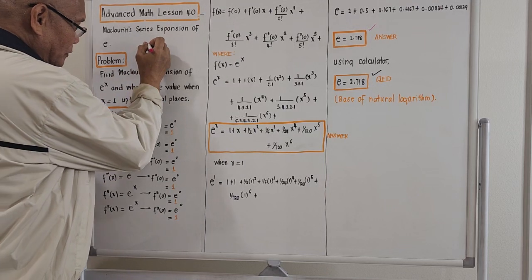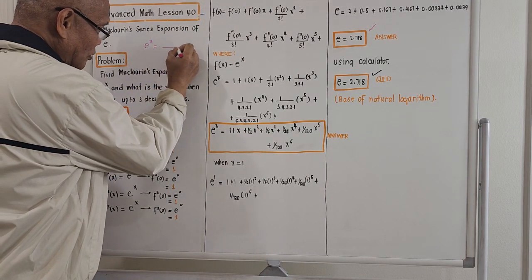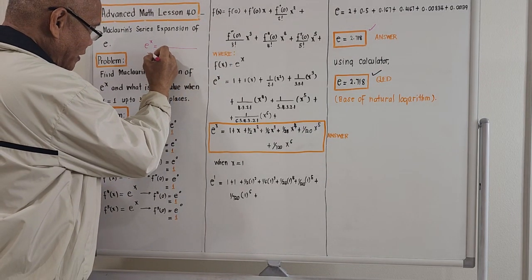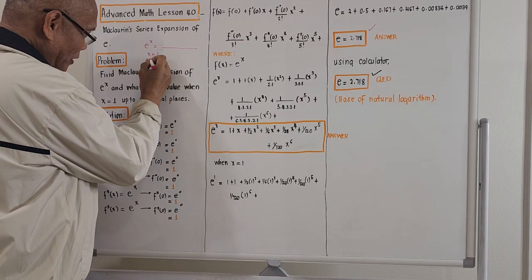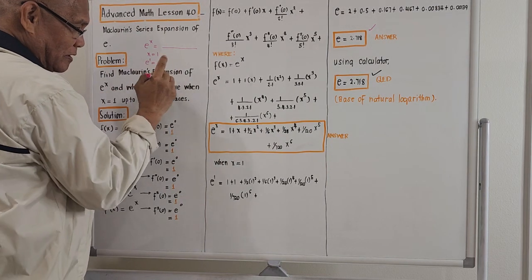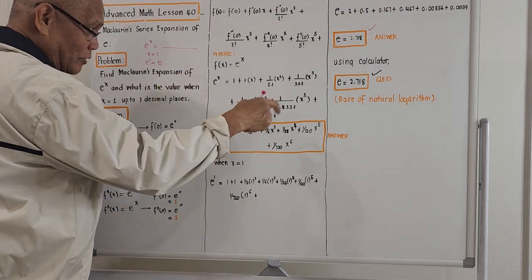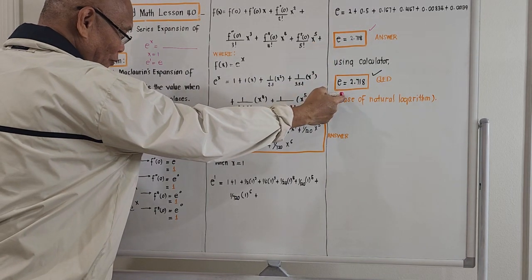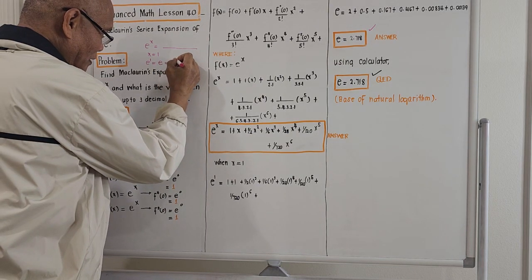Meaning, derive e to the x by using the Maclaurin series of expansion, and the problem is asking when x is equal to 1, it will be e to the first power, or just simply e. And the problem is asking what is the value. From our solution, it is 2.718, and by using the calculator is 2.718. So the problem is asking for the value 2.718.